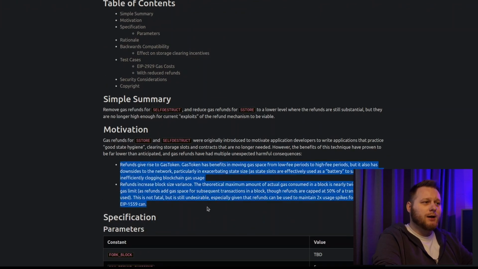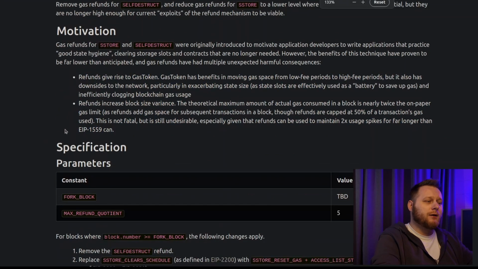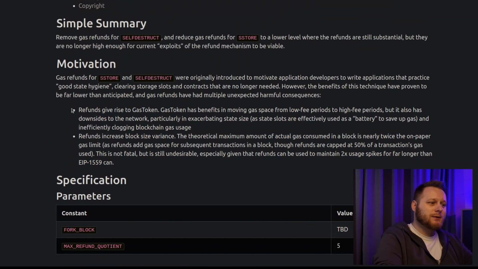So yeah, you can see in this EIP the motivation for changing the gas refunds. What started happening is that the gas spikes were more severe, because some people were dishonest and used these gas tokens to drive the price for themselves, and they were actually using the blockchain when the prices were high because for them it was not that high, and normal users were heavily impacted by that.